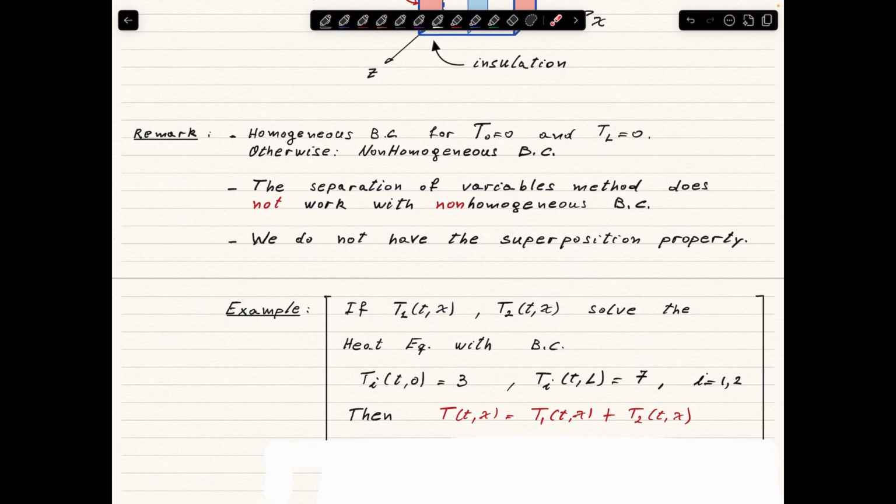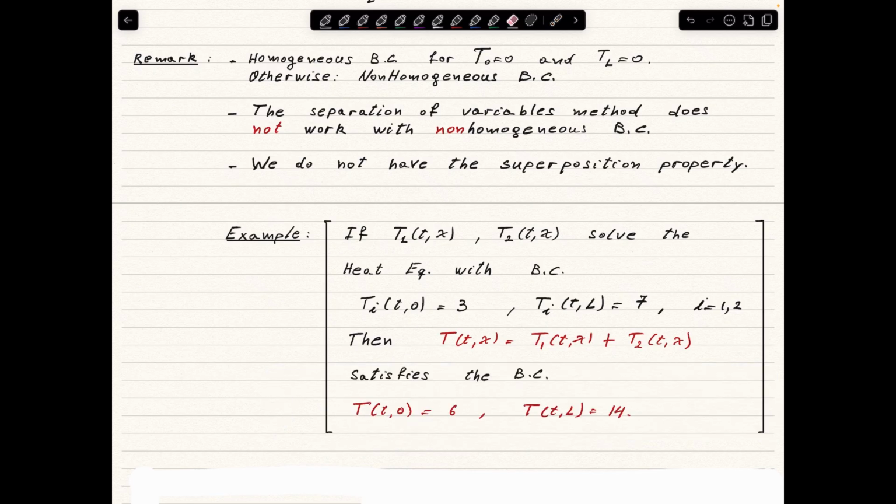Then the sum of these two functions is a new temperature function, but this sum is not going to satisfy the same boundary conditions. Actually, the sum satisfies the boundary condition at x equals 0 to be 6 degrees and at L to be 14, because 3 comes from here, 3 comes from here, and you get 6. So you have two functions, solutions of the non-homogeneous boundary value problem, and the sum does not satisfy the same boundary value problem, it satisfies some other boundary value problem. So we do not have the superposition property.